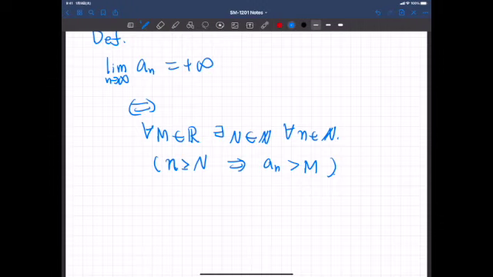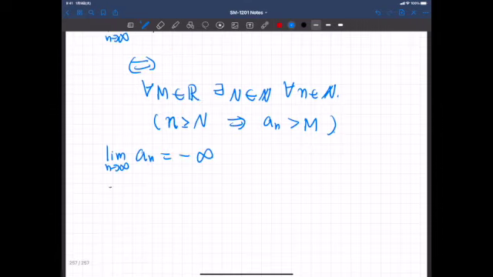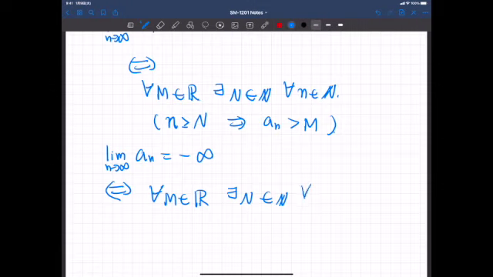And similarly, we define divergence to negative infinity to mean that for any real number m, there exists a natural number N such that for all natural numbers n, if n is greater than N, then an is less than m.